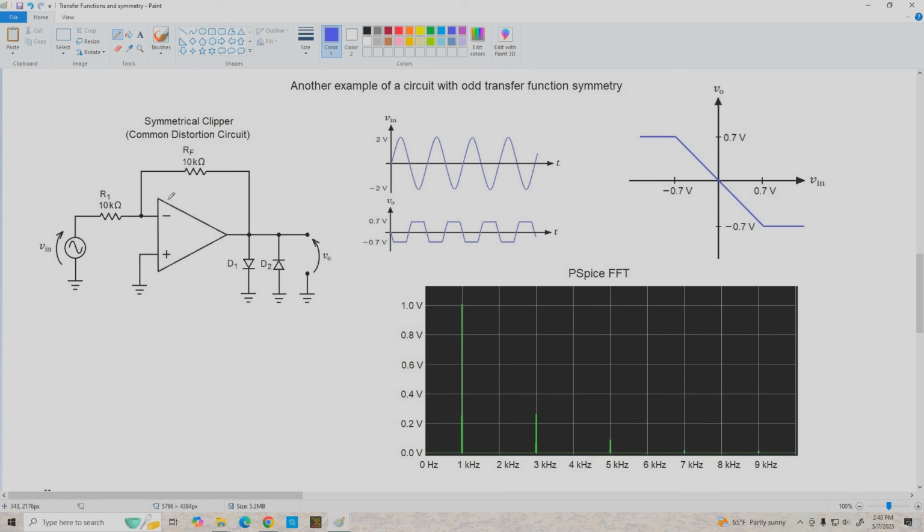Now, we haven't talked about op-amp circuits yet in this video series, but we'll get there soon enough. But in any case, if we apply a sine wave input with an amplitude of 2 volts peak, this is what we'll get on the output. And the transfer function for our circuit looks like this.